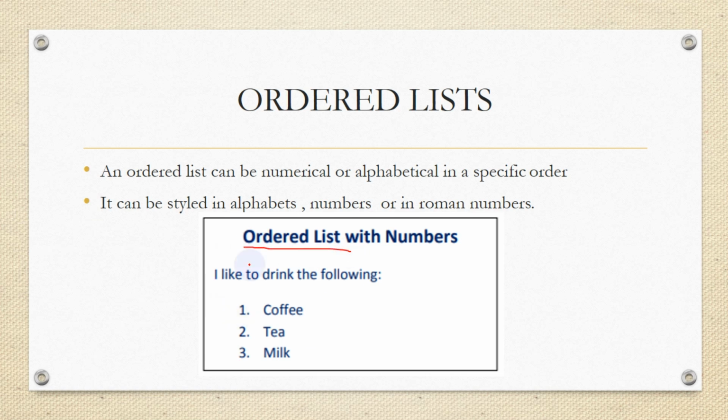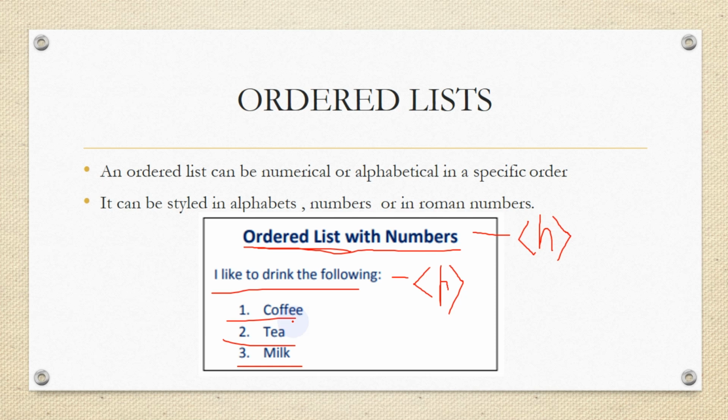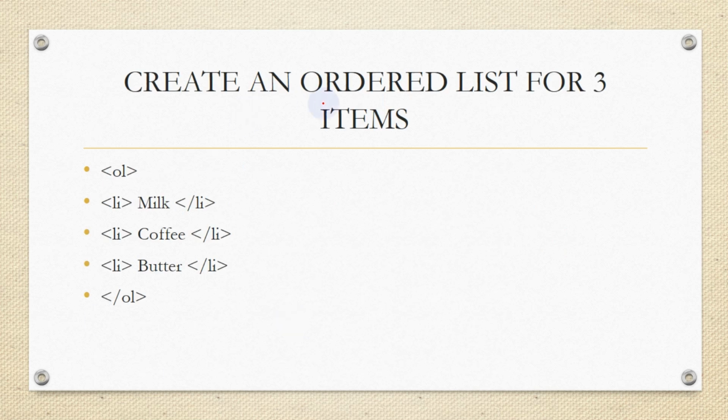For this ordered list with numbers, the heading tag is used here, and for this the p tag, and now this is the li tag. Now what you have to do is create an ordered list for 3 items.